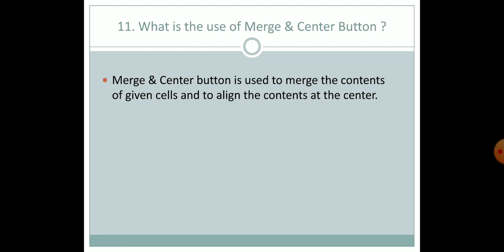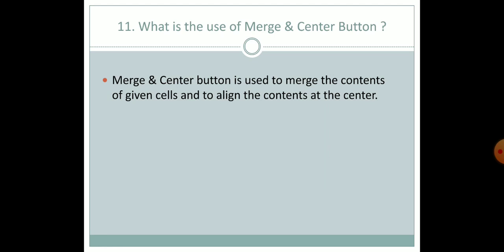Now what is my middle cell? Middle cell will be my third cell. Now I will be merging all these cells and I will be aligning such that all the content will come to the third cell. So that will come as merge, and you are centering. That means I am placing the contents in the center alignment. So merge and center button, you have a button.